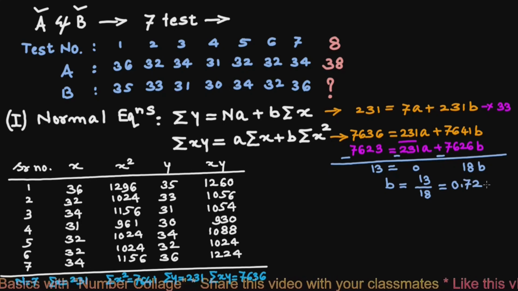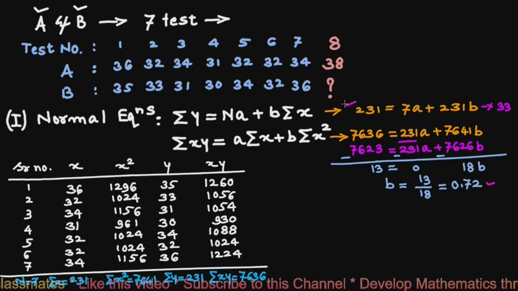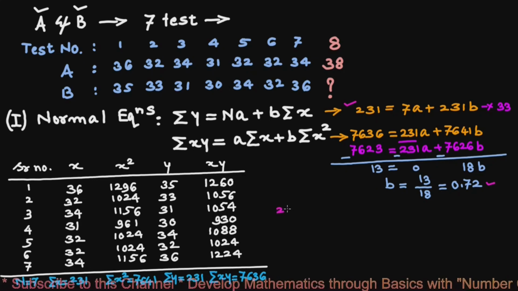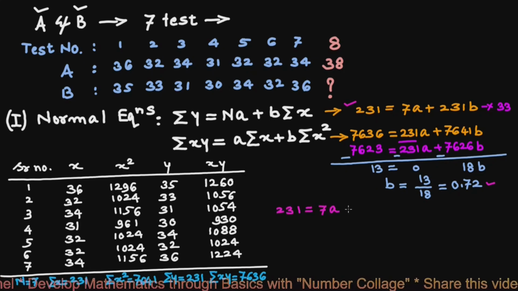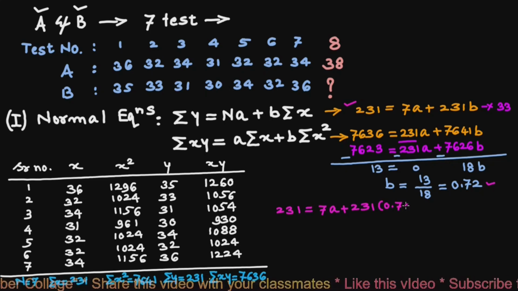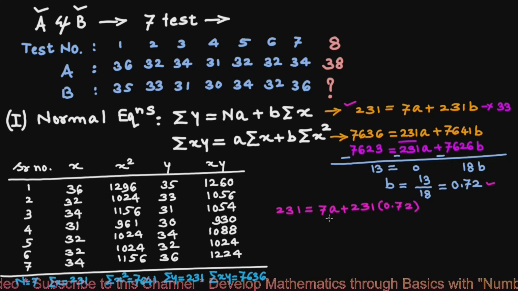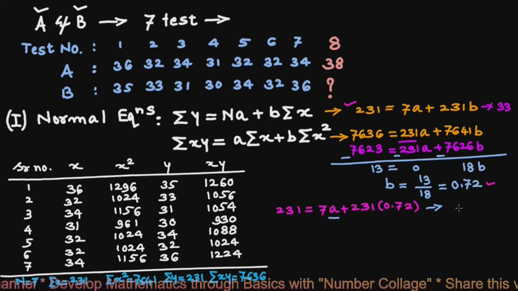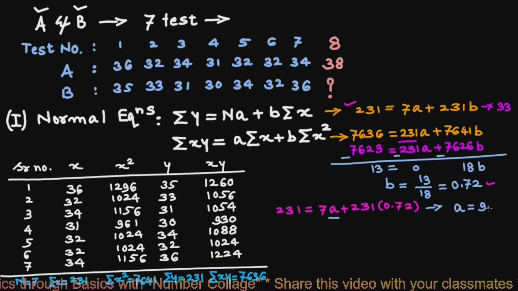We will use the value of b in equation 1 and write 231 equals 7a plus 231 into the value of b, 0.72. After solving for a, we get a equals 9.24.